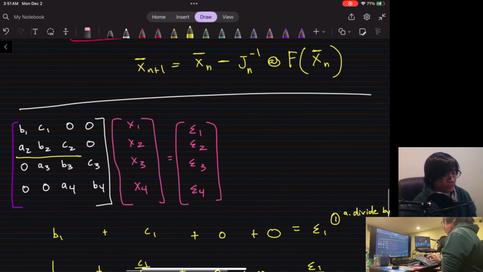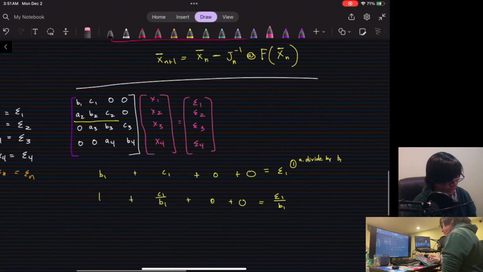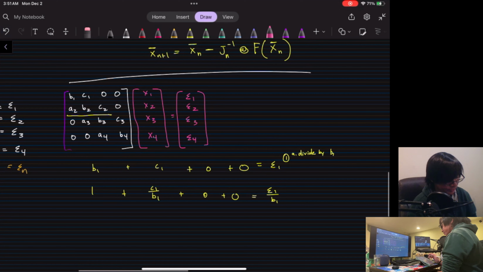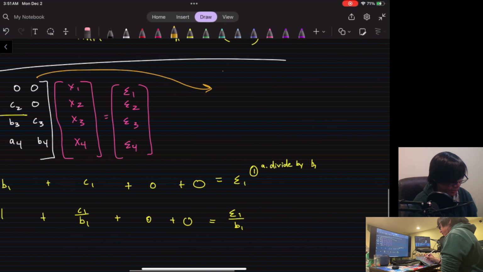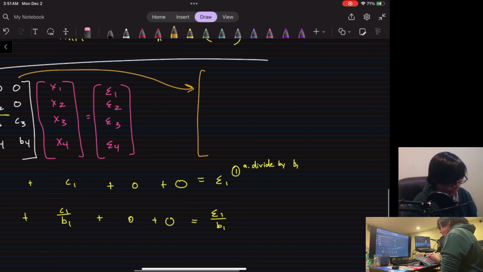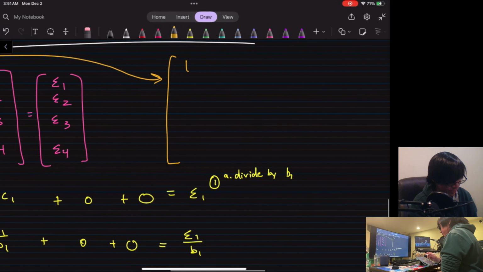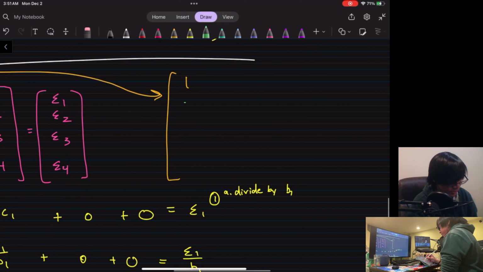Our goal here is to get those rows of ones, so it's easier to do the back substitution. We can call these modified values.